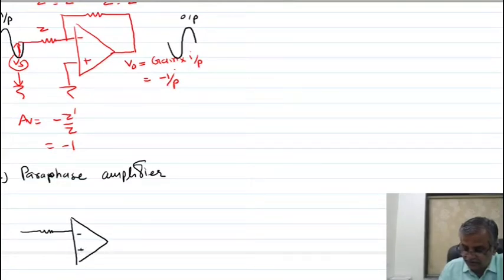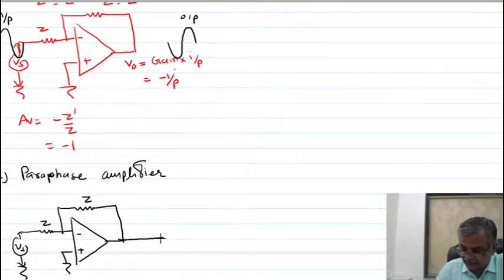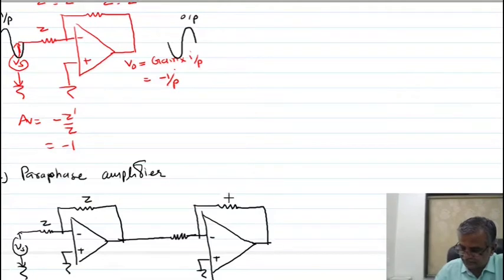If I connect two inverters in a cascade manner like this, if I connect two inverters in a cascade circuit, then look here, this is your input signal, this is the output signal, and let me say V1 is the output of the first inverter. This is inverter number 1, this is inverter number 2.